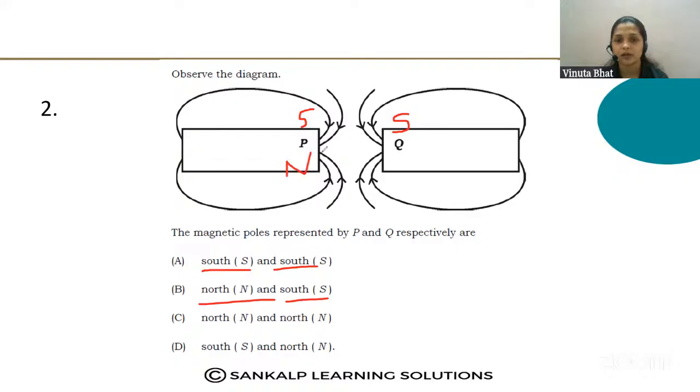Option C: north and north. Option D: south and north. Observe this diagram. What do P and Q represent?